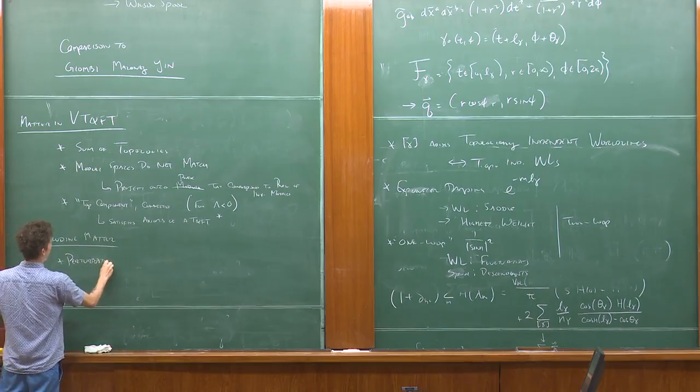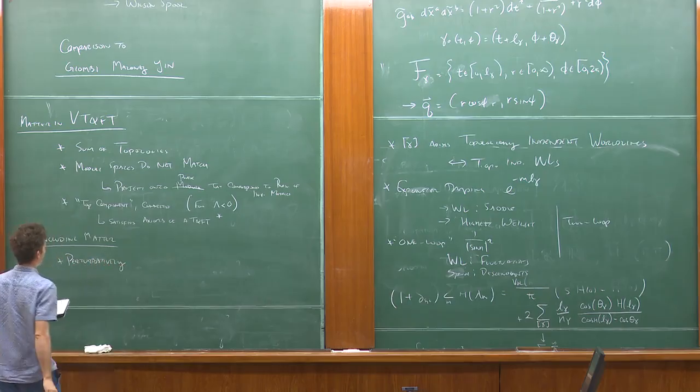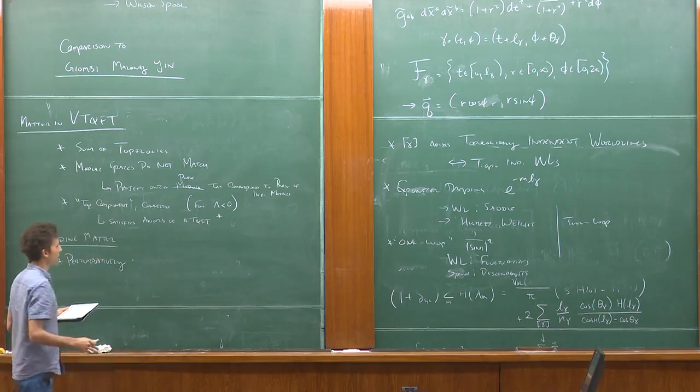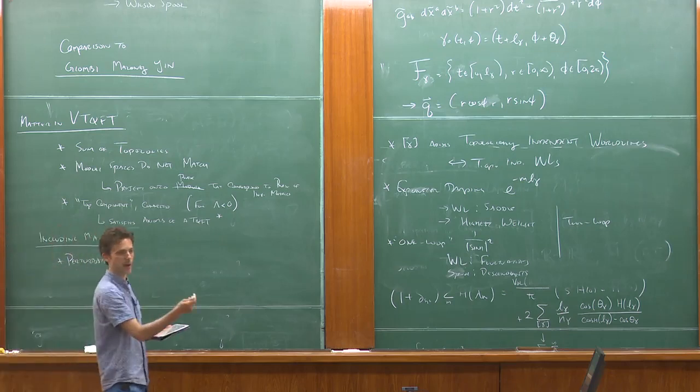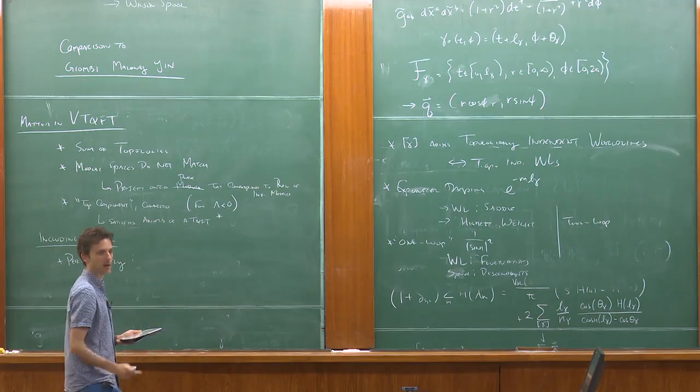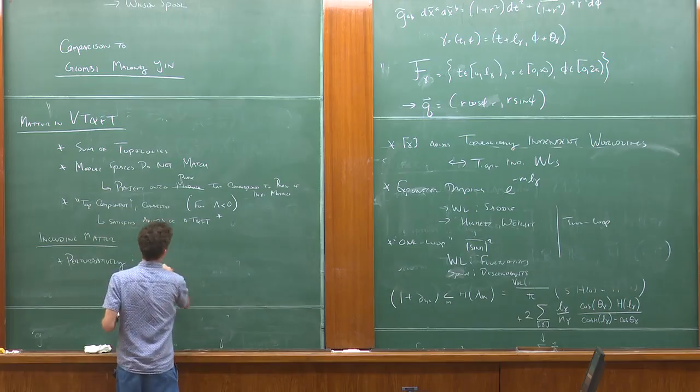the insertion of a point particle would be looking at the moduli space of this, but now with a conical deficit. And so your flat connections need to pick up some holonomy around that conical deficit.